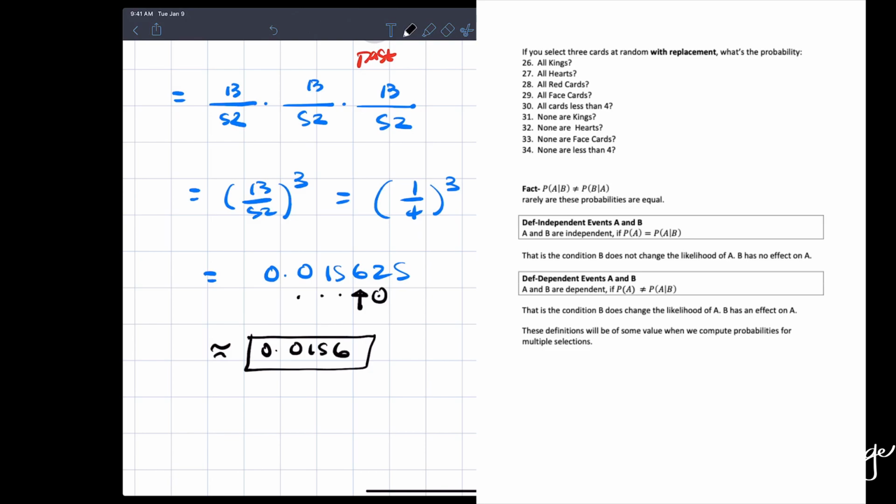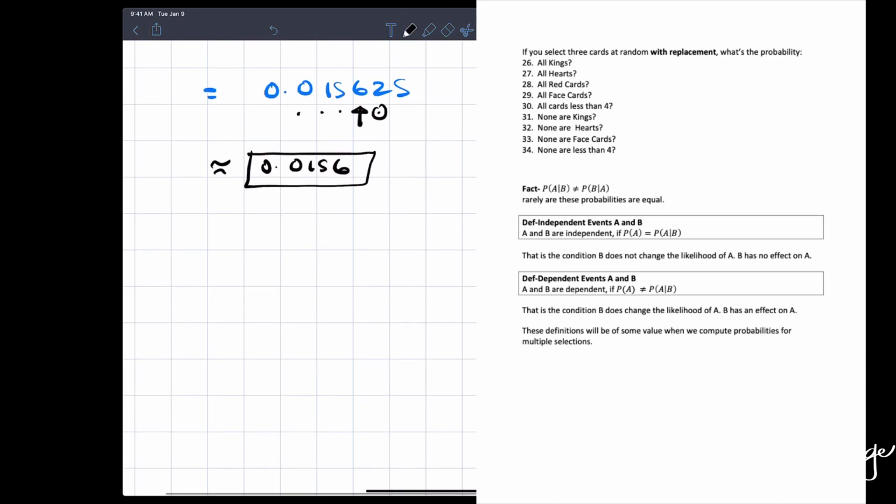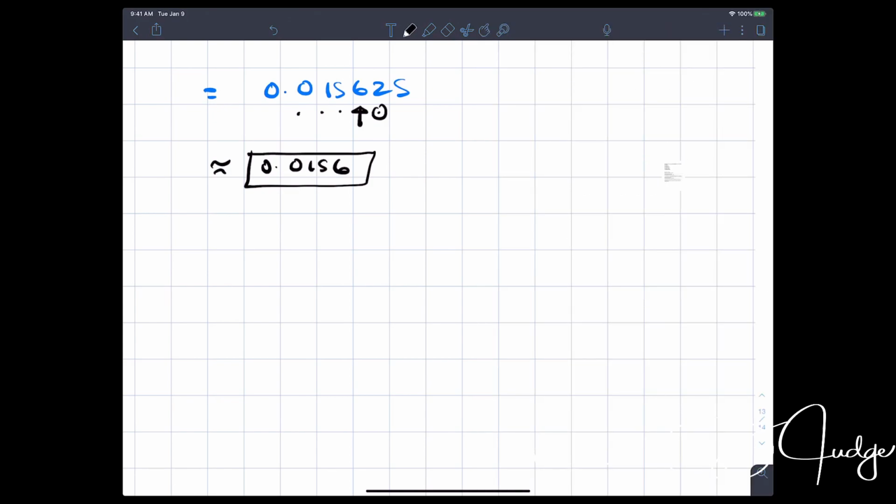Now, let me write this down here for us. The probability of A being equal to the probability of A given some condition. And remember, I want to point out some detail. Here's B. This is known.